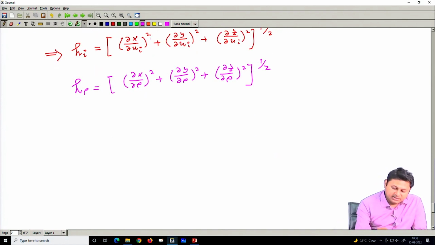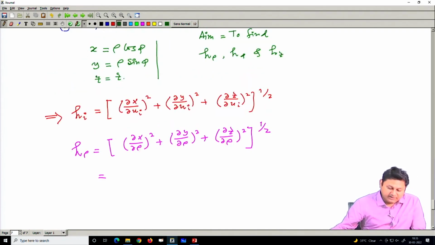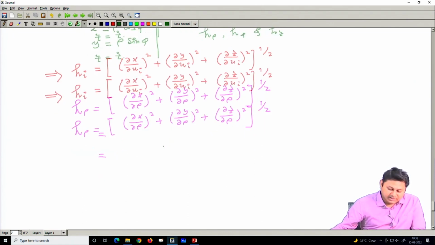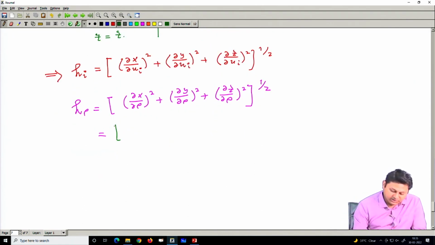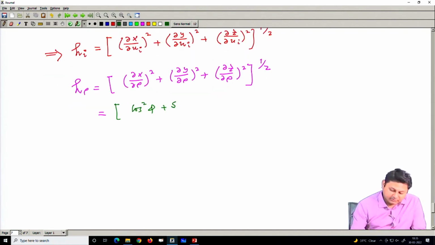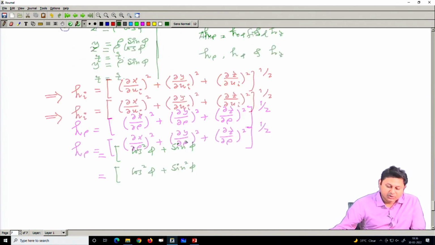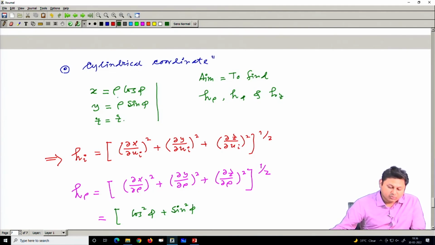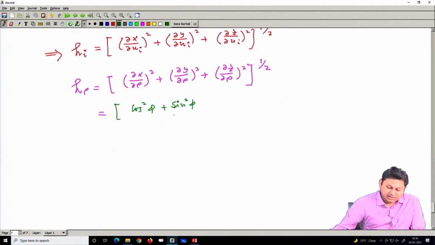Now, what is this quantity? This is known, right, because I know the explicit dependence. Since x is rho cos phi, the partial derivative gives cos square phi. Then I have sin square phi, because I know the relationship of x, y with rho and phi, and finally z.